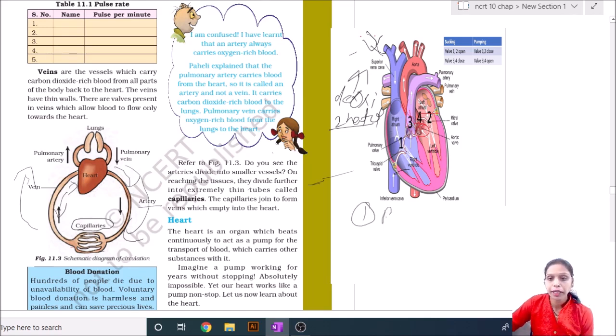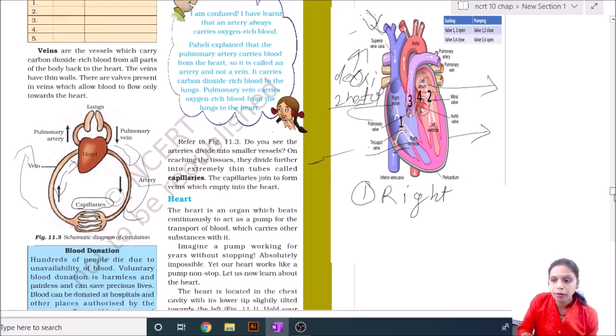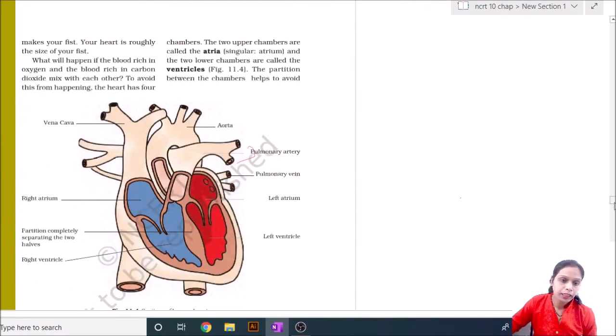The first is the right ventricle, second is the left ventricle, then the right atrium and left atrium. There are four chambers presented here. You can see from this photograph what this is.